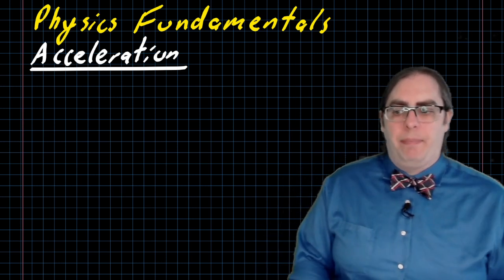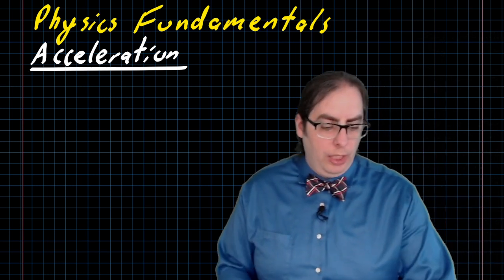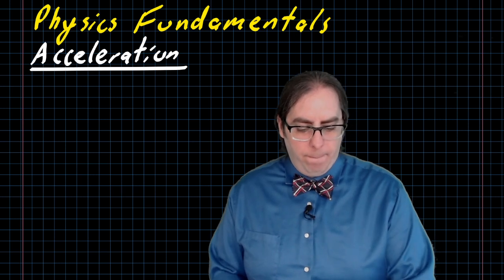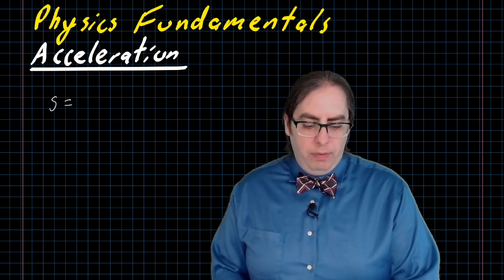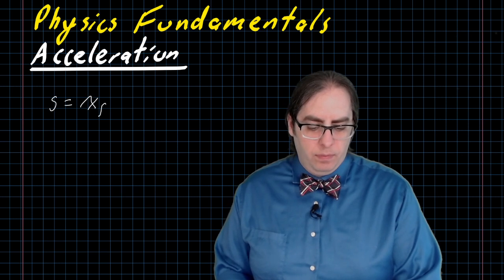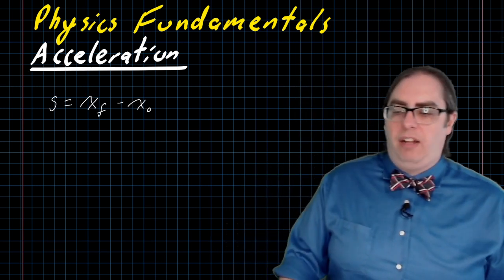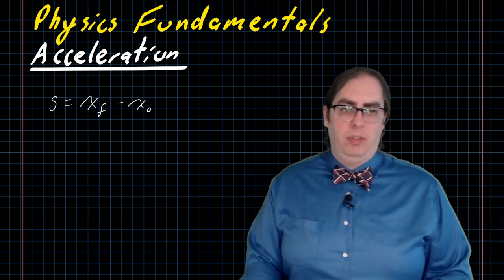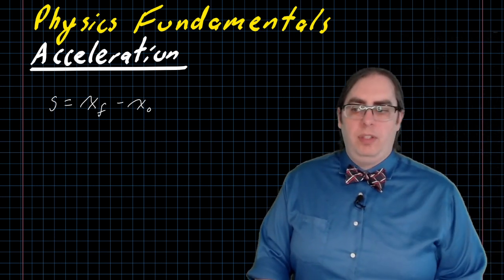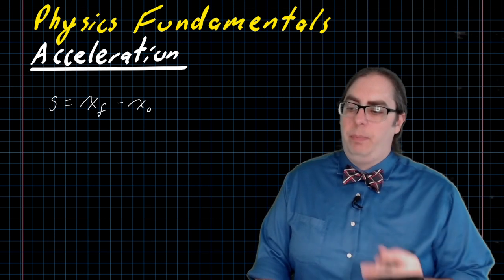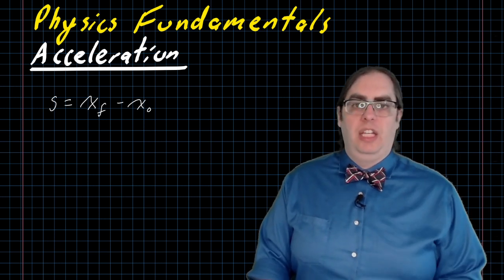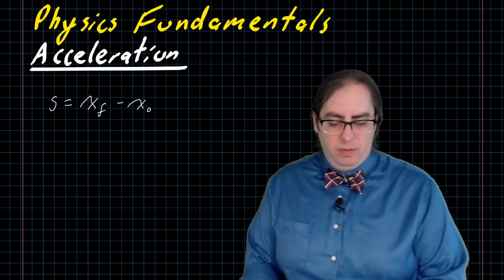Before we get into the mathematics of acceleration, I want to quickly review. We looked previously at the idea of position and displacement. Displacement is the change in position, the final position xf minus the initial position x naught.